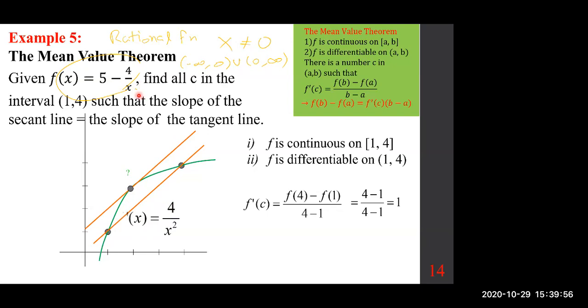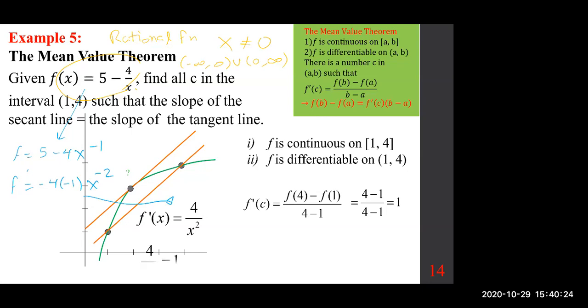I hope everybody is comfortable with that. Maybe I'll quickly show you that one too. F of x is 5 minus 4x to the power of negative 1. F prime is minus 4 times minus 1 x to the power of minus 2, and that's 4 over x squared. So set this equal to 1, solve for x.